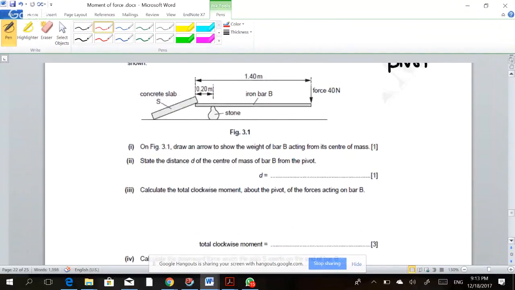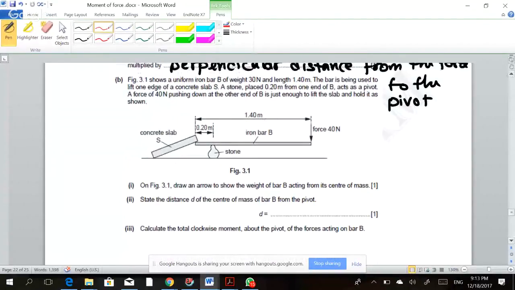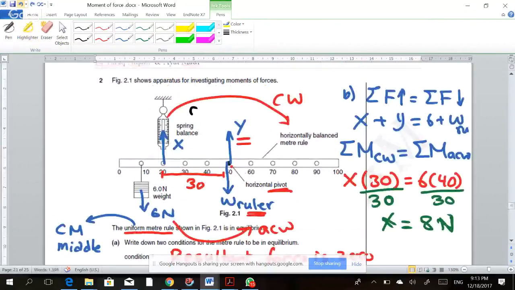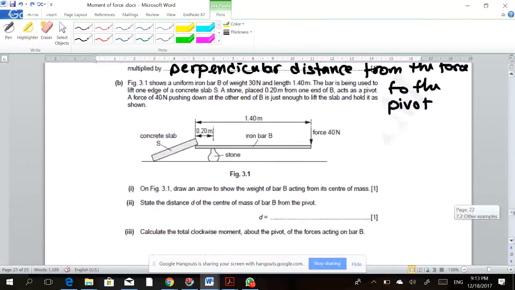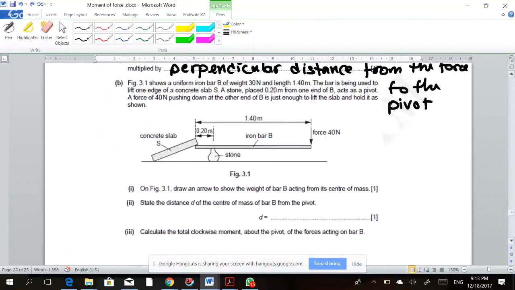On figure 3.1, draw an arrow to show the weight of the bar acting at its center of mass. Since it's a uniform bar, the center of mass will lie exactly at the center.